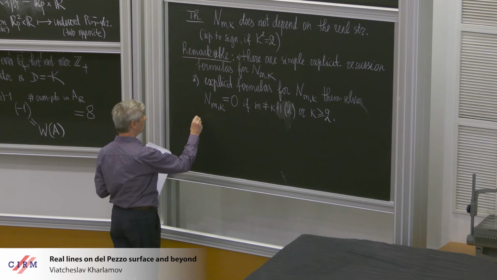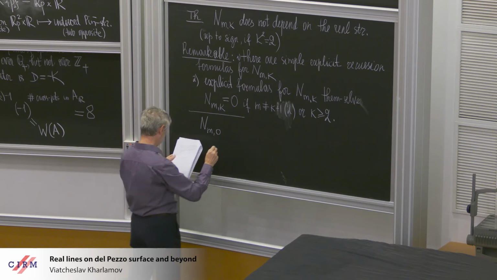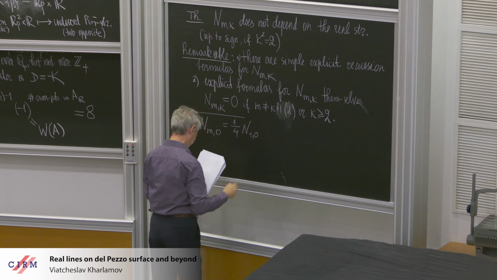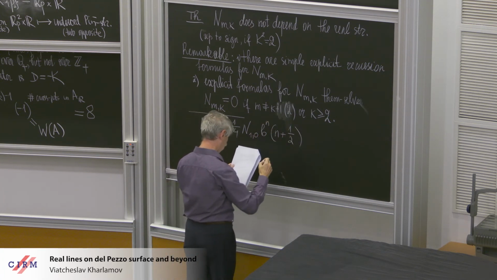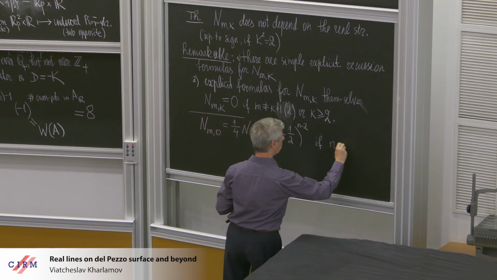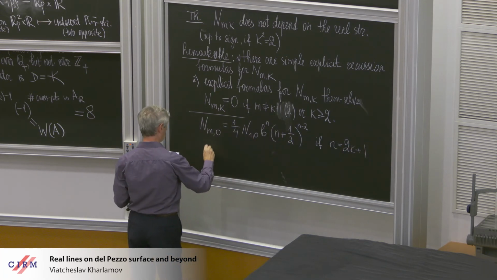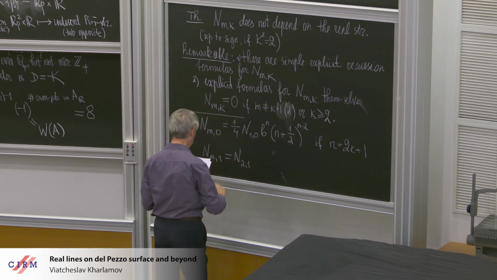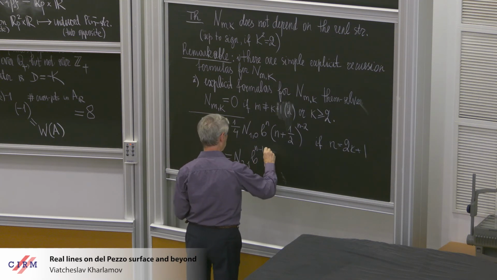So the final result, the explicit formulas are: N_{m,0} equals 1 over 4 N_{1,0} b to the power n plus 1 over 2 to the power n minus 2, if n is equal to 2k plus 1, and N_{m,1} is equal to N_{1,0} b to the power n minus 1 times n to the power n minus 3.